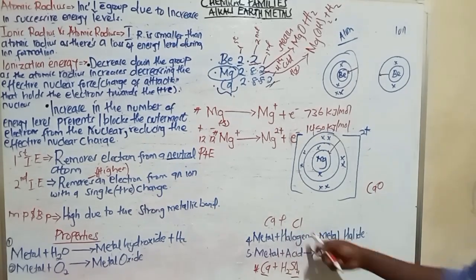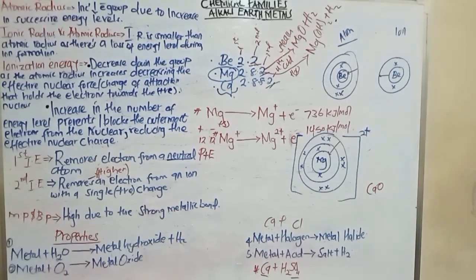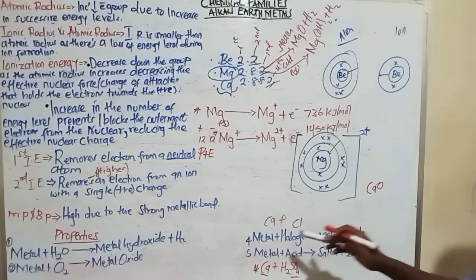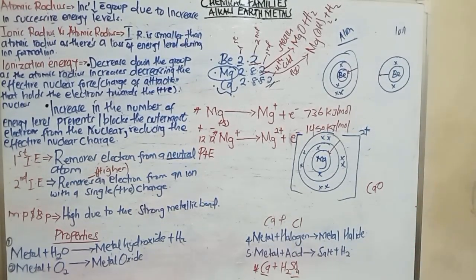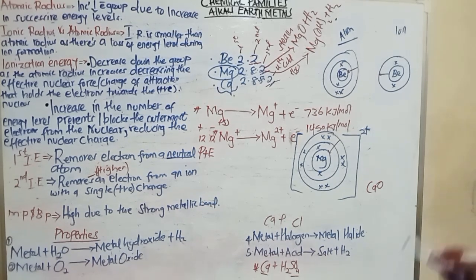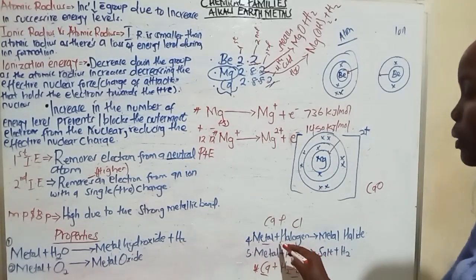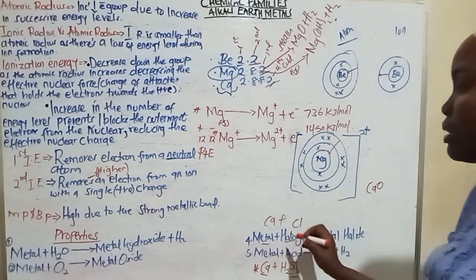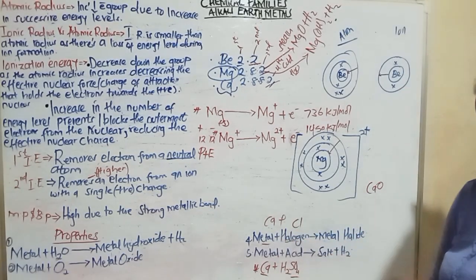So when calcium and chlorine react, the reaction is not going to be fast, it's going to be slow. This is because calcium oxide is going to be formed first when the metal is heated, because remember, the reaction between a metal and a halogen, we say it's direct synthesis, and it is where we are going to mix these two elements and then heat them strongly.